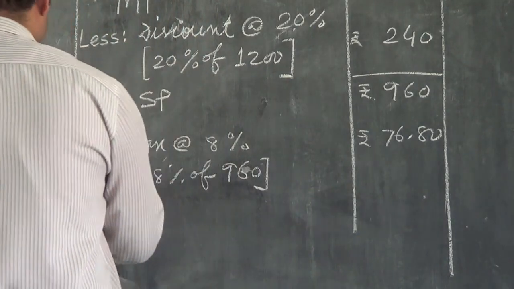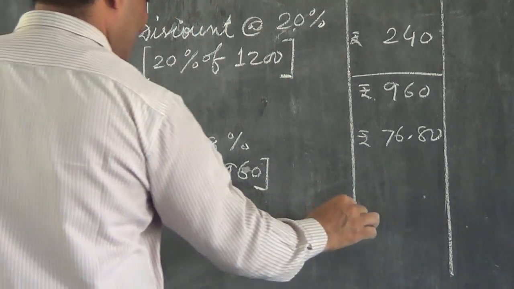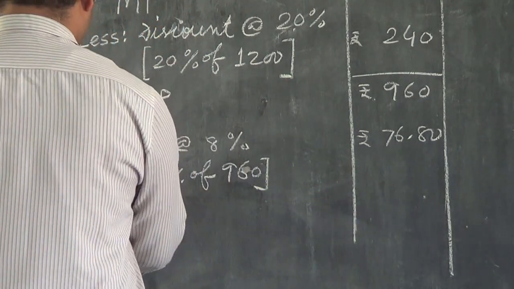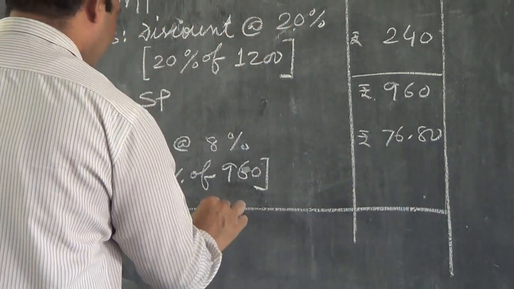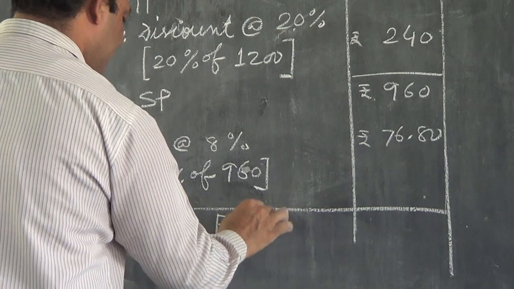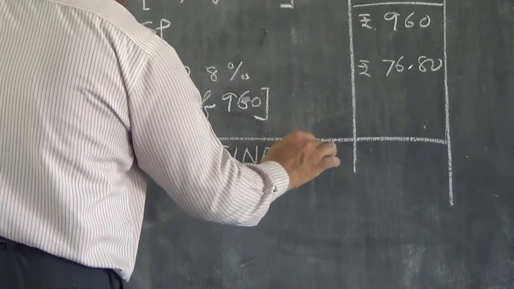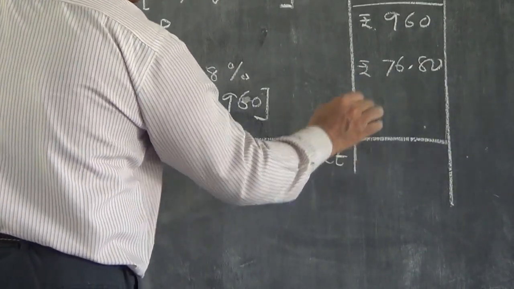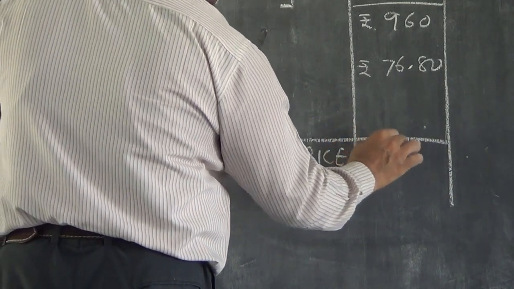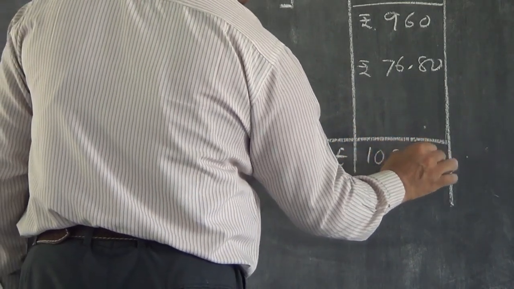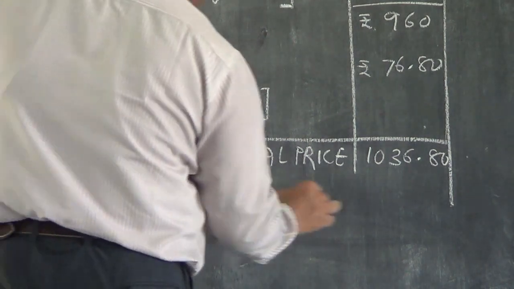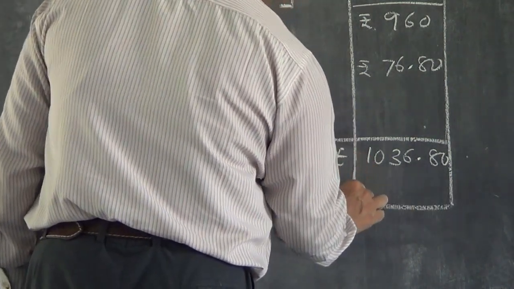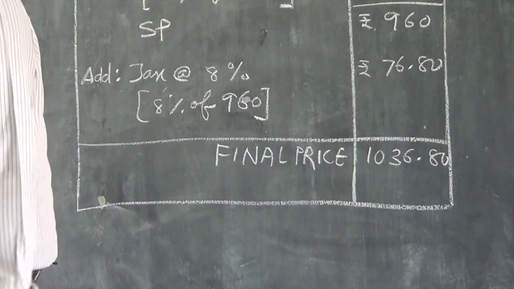Then here we can write the final price. Final price you can write here 1036.80. So this way we can also represent our solution in a tabular format.